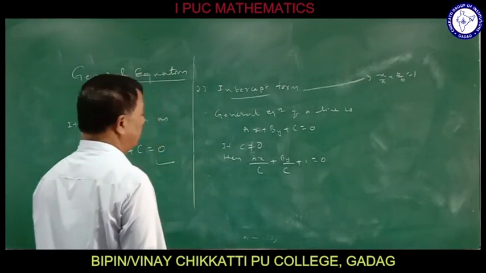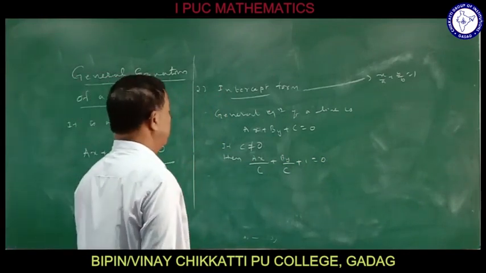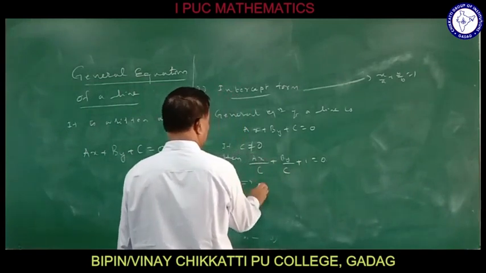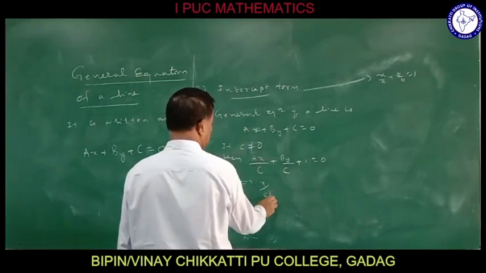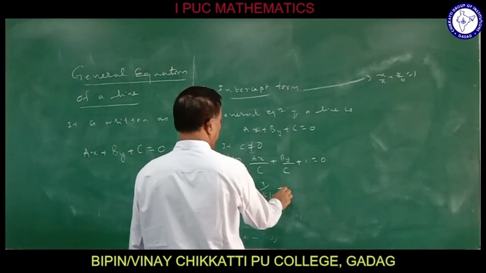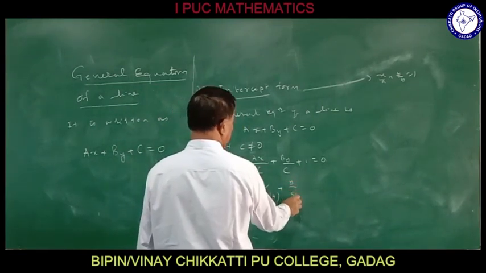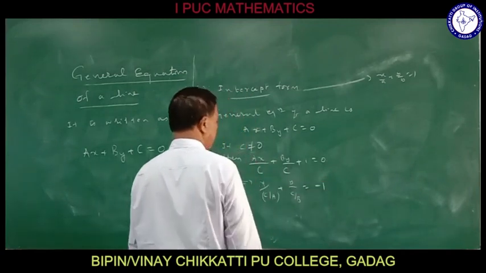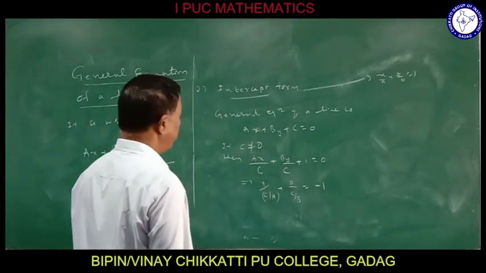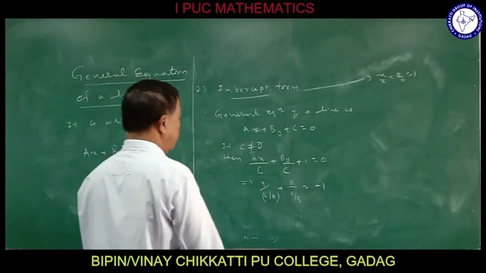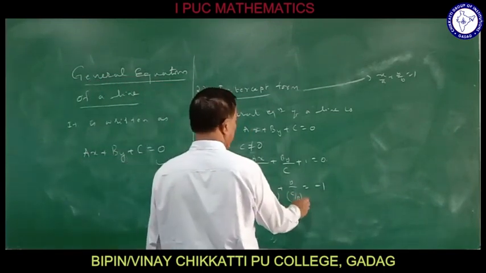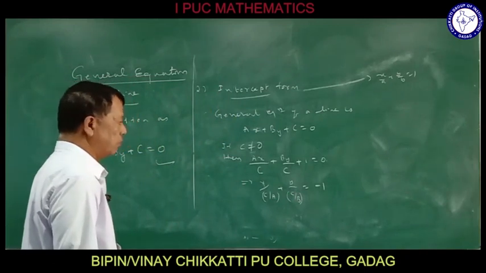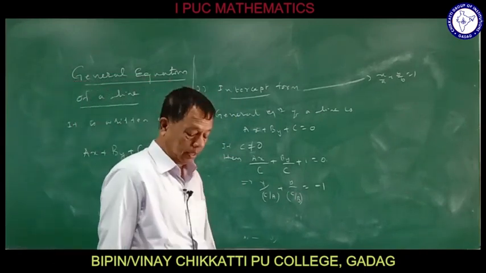We want to write it the other way: x divided by c by a plus y divided by c by b equals minus 1. Here you have taken the minus 1, whereas x by a plus y by b is equal to plus 1.